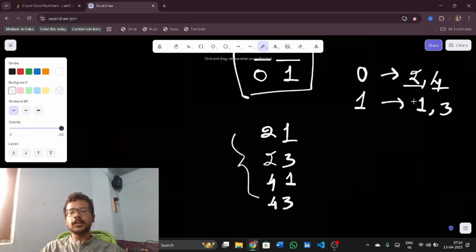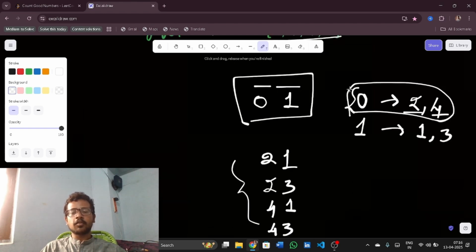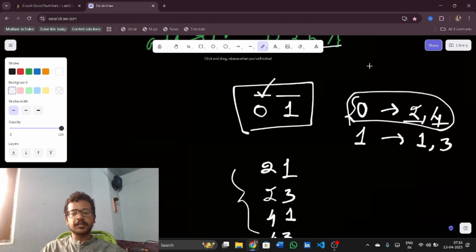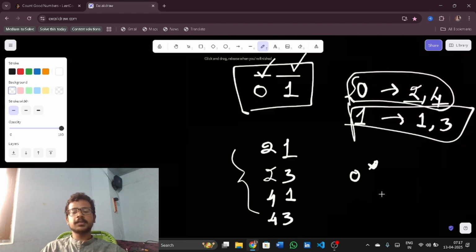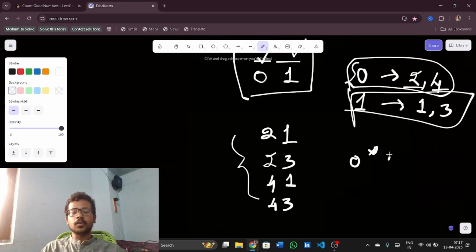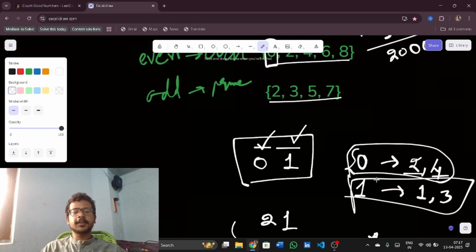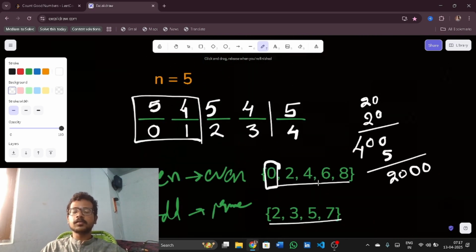It is simply the number of ways, the number of digits that we can place at index 0, into the number of digits that we can place at index 1. This forms for every index. So that's how you solve this problem.